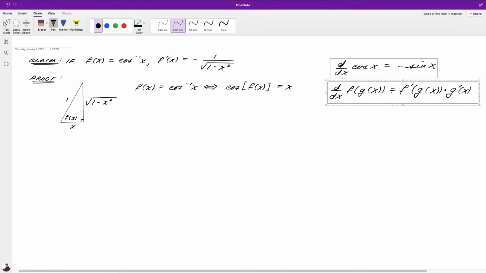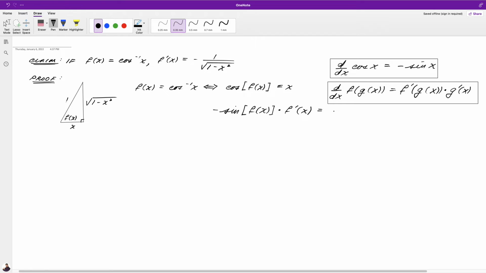Good. So using implicit differentiation, which is basically just an application of the chain rule, we're going to take the derivative of both sides with respect to x. So the derivative of cosine of f of x is negative sine of f of x, the derivative of the outer function at the inner function, which is what we have here, multiplied by the derivative of the inner function, which is just f prime of x.